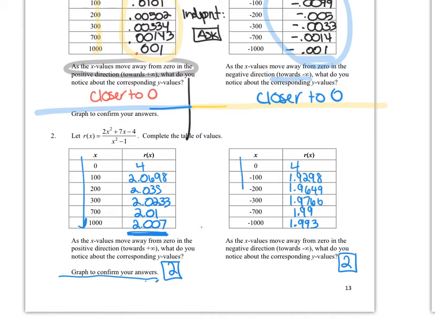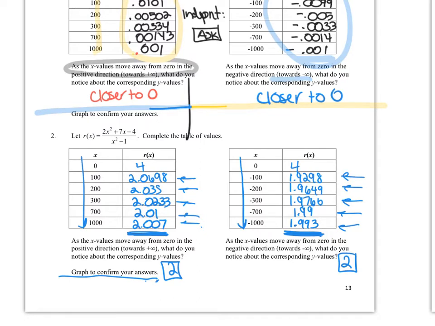And as x gets really small in the negative direction, it's also getting closer and closer to 2. On the right, the values are greater than 2, and over here they are all values a little bit less than 2, because that's going to be underneath that asymptote.